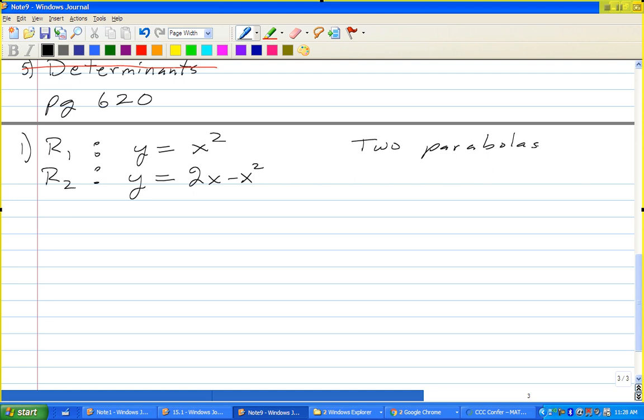And so we have here the case of two parabolas. So we could have no solution, one solution, or two solutions. Maybe I'll have them going other directions; it'll look a little nicer.